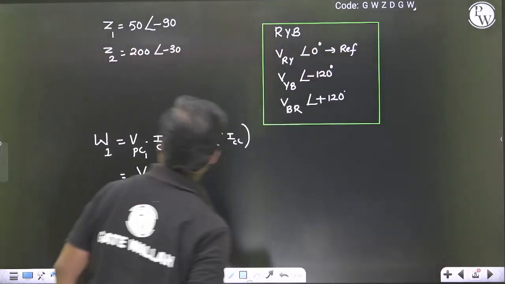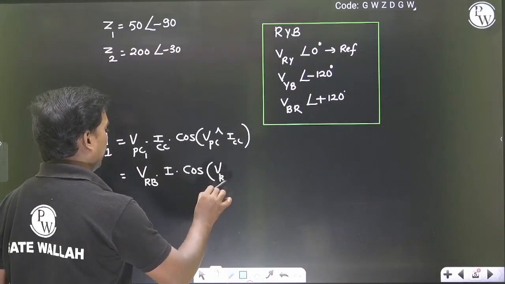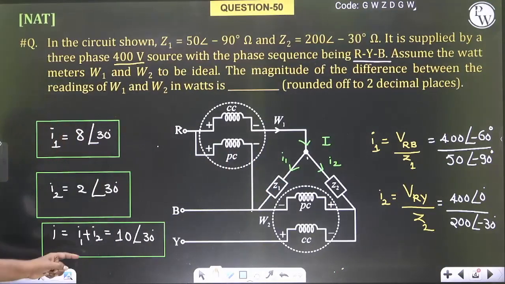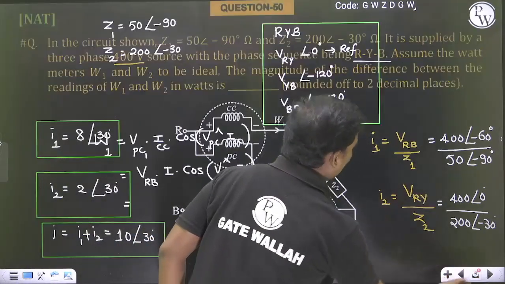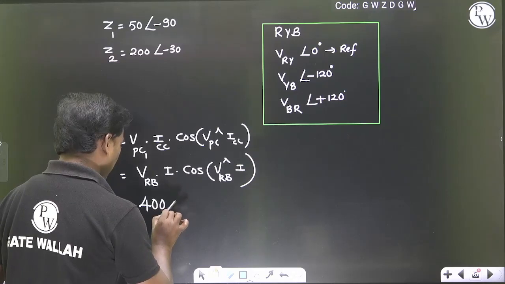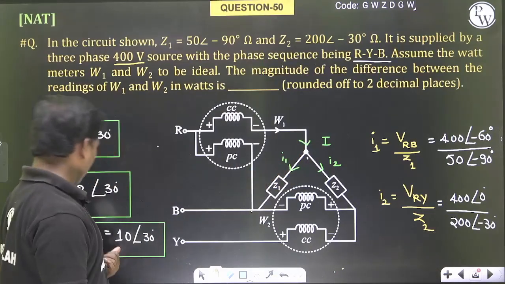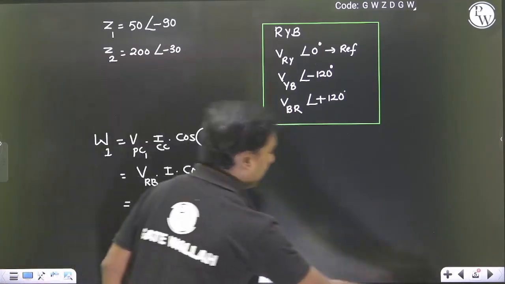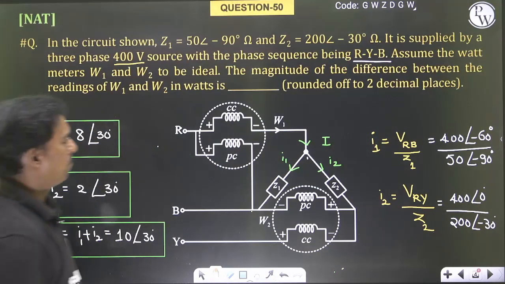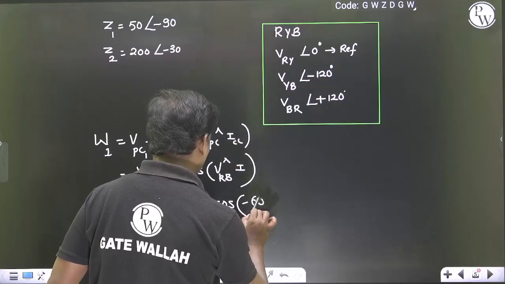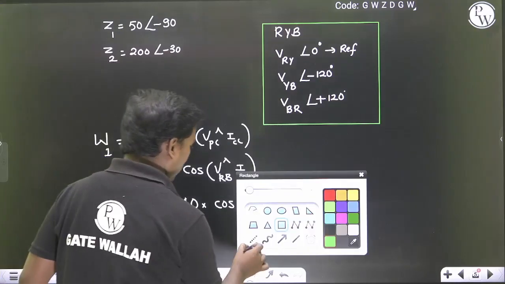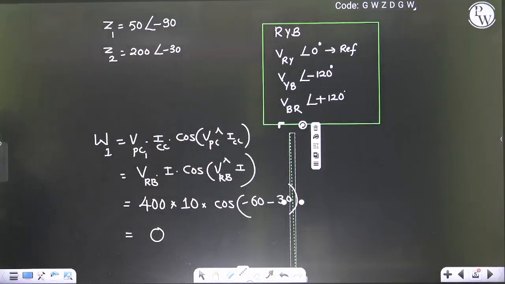Value of VRB is 400, current is 10, and cos of the angle is cos of minus 60 minus 30, so cos of minus 90, which is 0. So this reading has become 0.